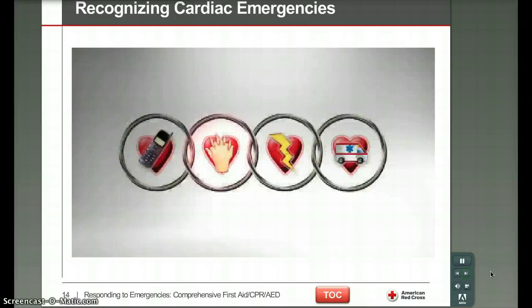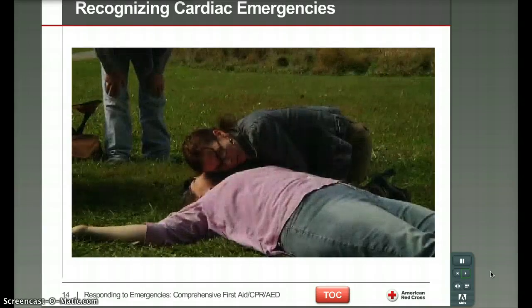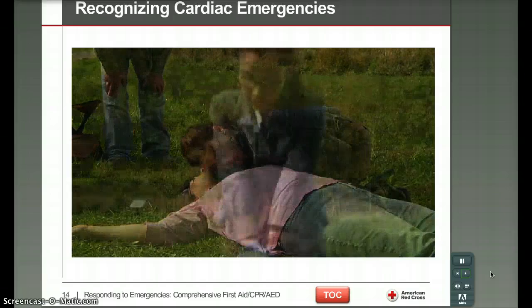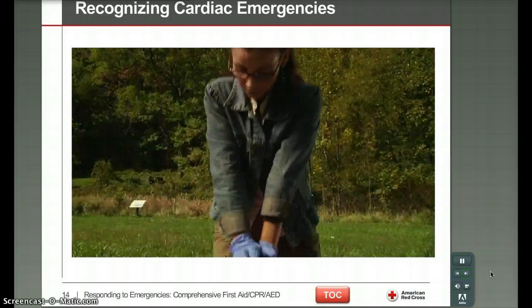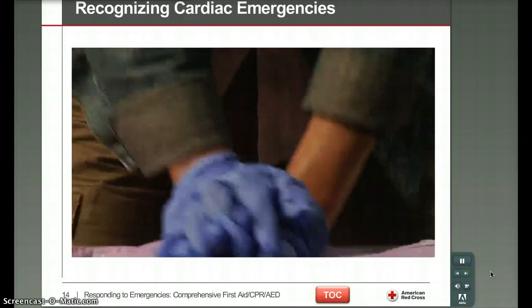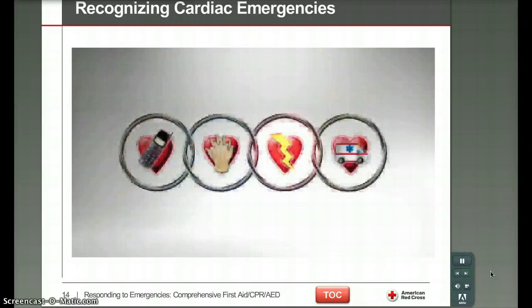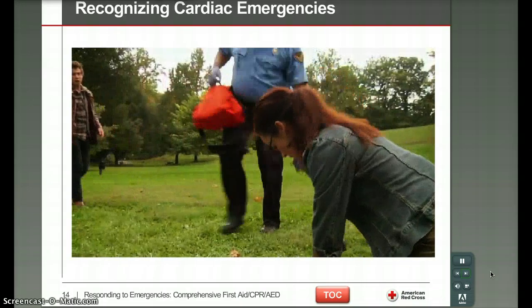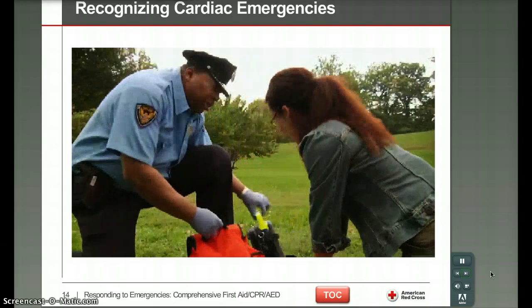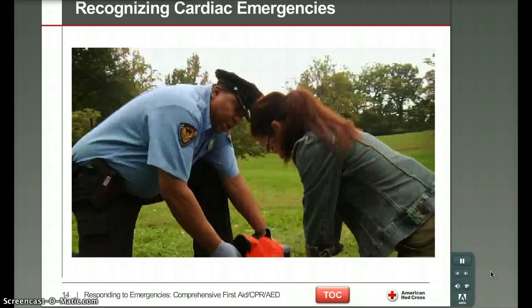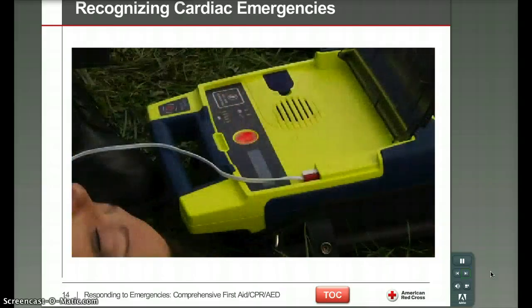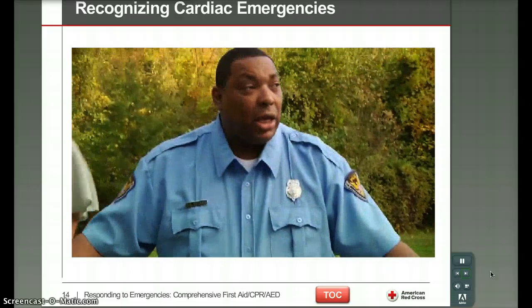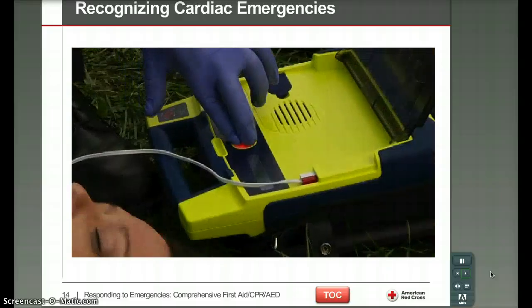Early CPR is the second link in the cardiac chain of survival. Performing CPR keeps blood containing oxygen flowing to the brain and other vital organs. The third link in the cardiac chain of survival is early defibrillation. Early defibrillation from an automated external defibrillator, commonly called an AED, may help to establish an effective heart rhythm and significantly increase the patient's chance for survival.